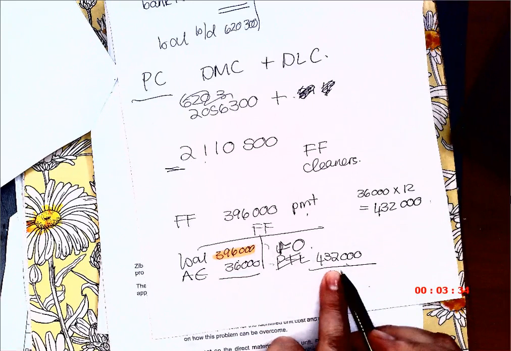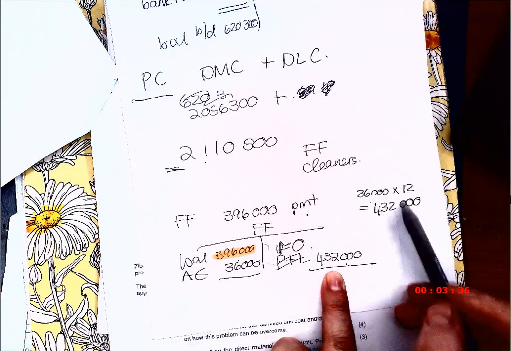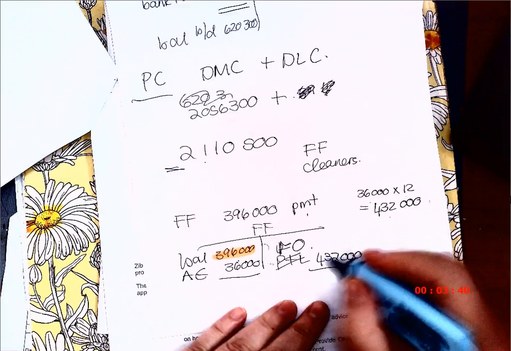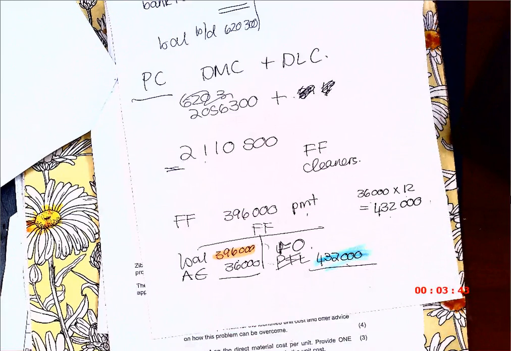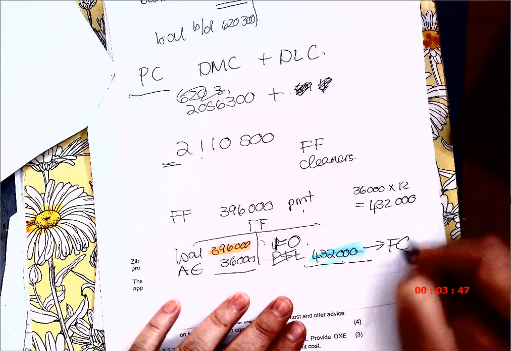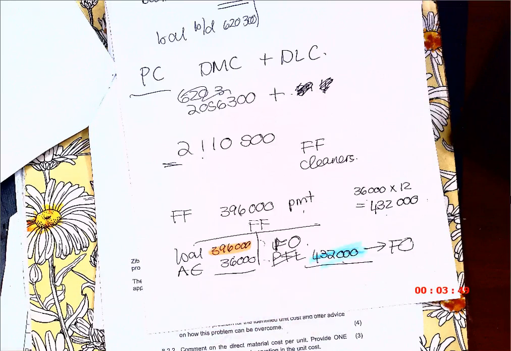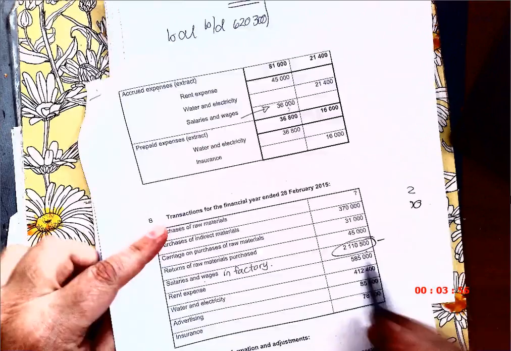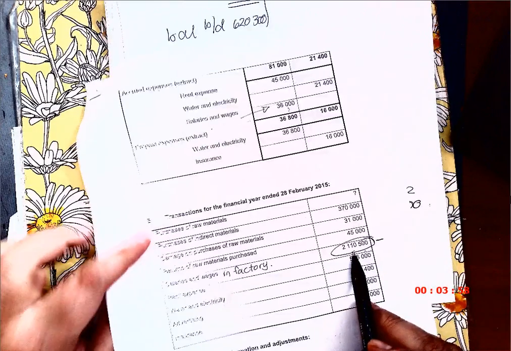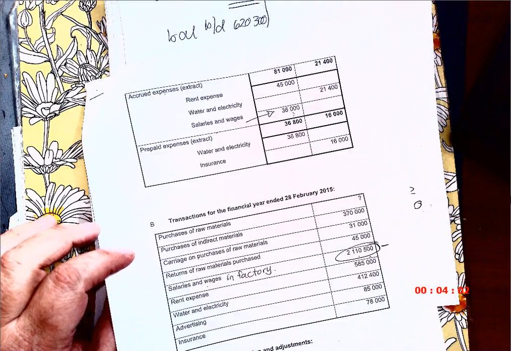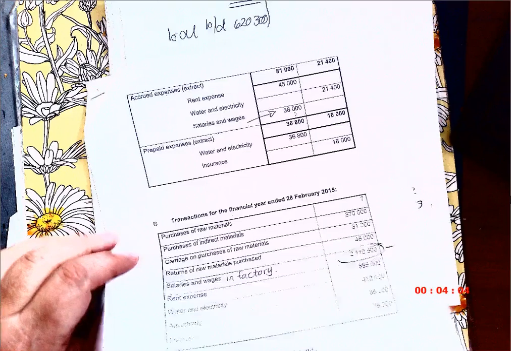We can also get the 432 by saying 36 times 12. Now that 432 is what's going to go to my factory overheads. If you have to do the factory overhead T account, that will go to the factory overheads. So you understand what I'm trying to say to you is the amount they give you here is basically including the balances they give you, the amounts that was paid.